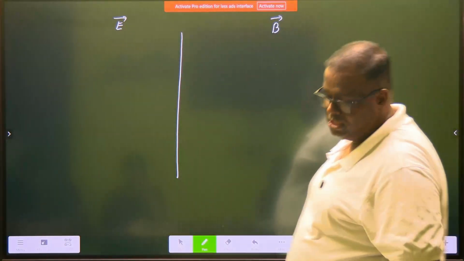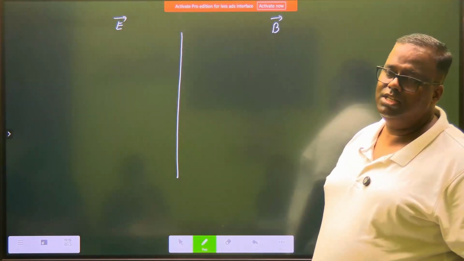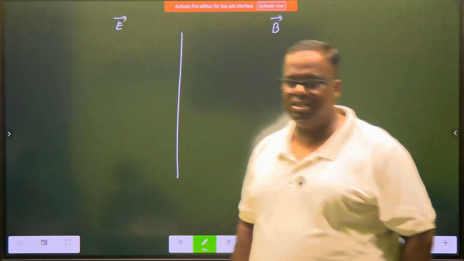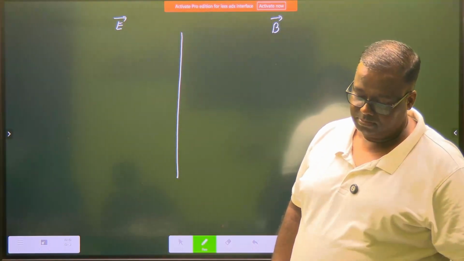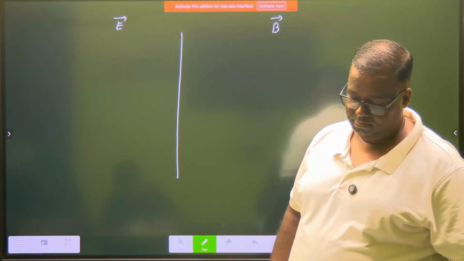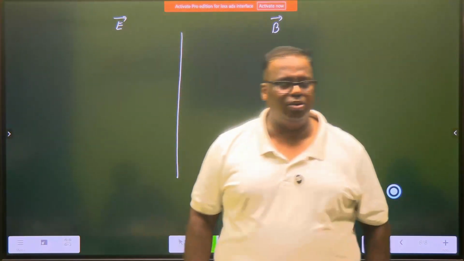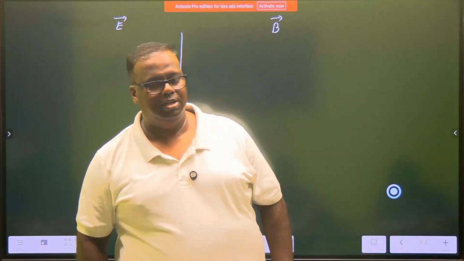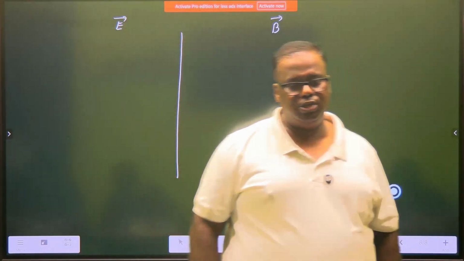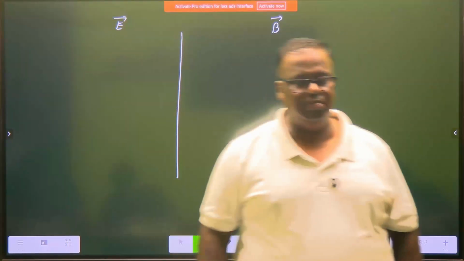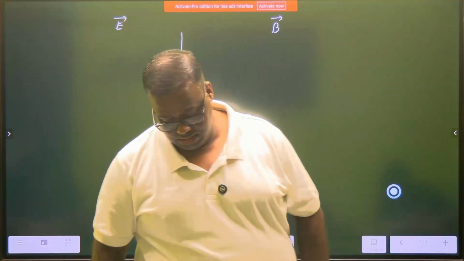Whereas on the right side, you will write: acts on moving charges and magnetic substances. Clear? Write vector on both and follow superposition for both. This is a vector quantity, that is also a vector quantity.